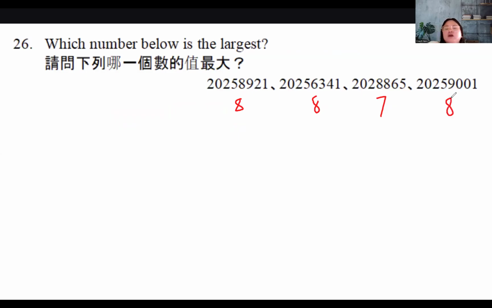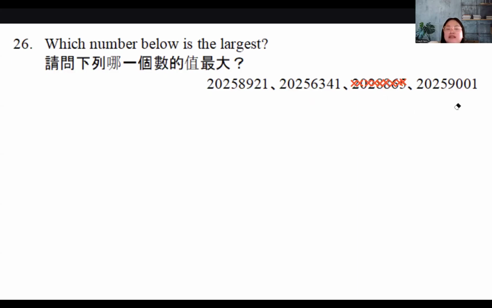So since we want the largest number, we want the number with the most digits. So this one is already not the largest because it only contains 7 digits. You get it? So that's why it's important to do step 1.